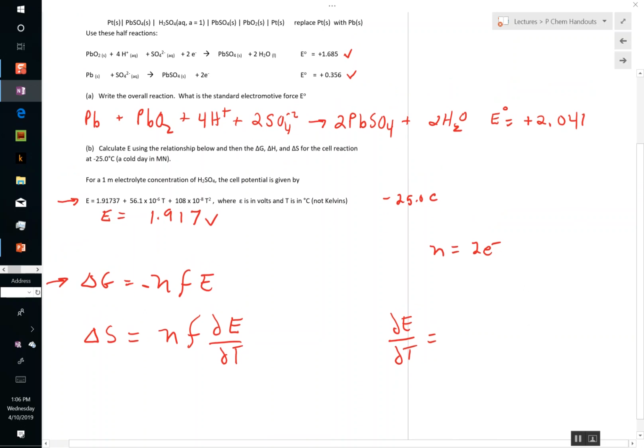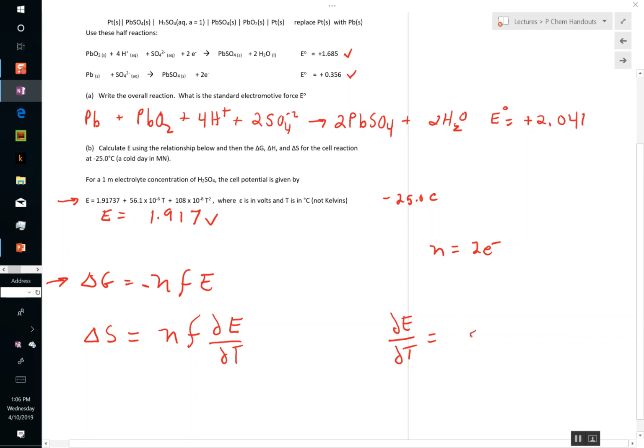E equals 1.91737 plus 56.1 times 10 to the negative 6 T. We took the derivative of that with respect to T.